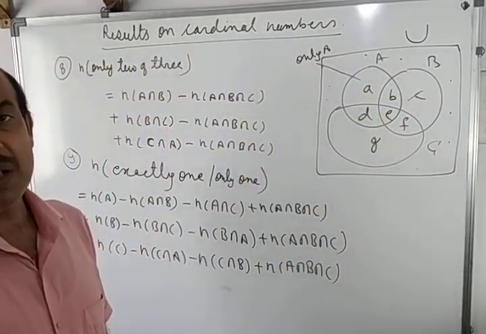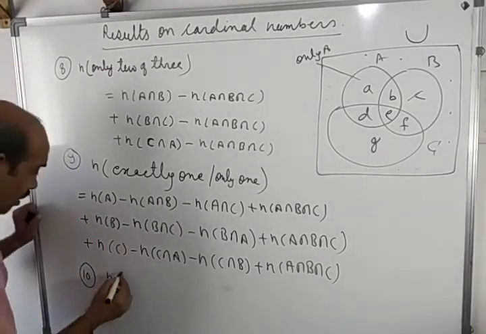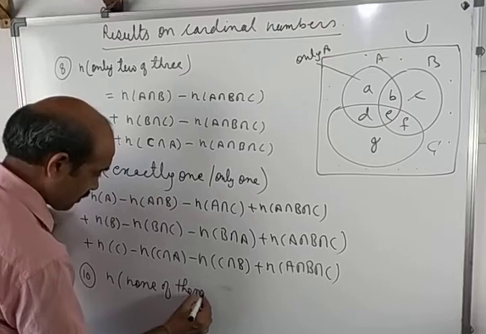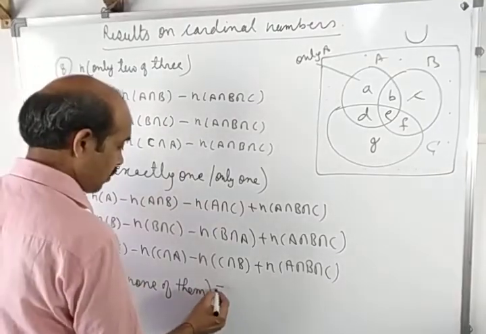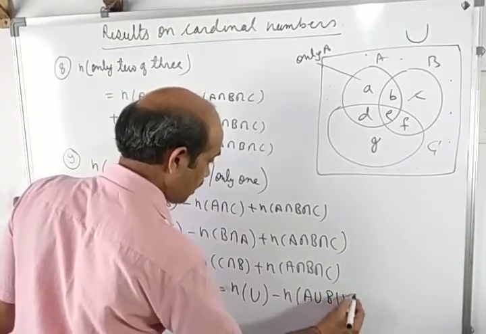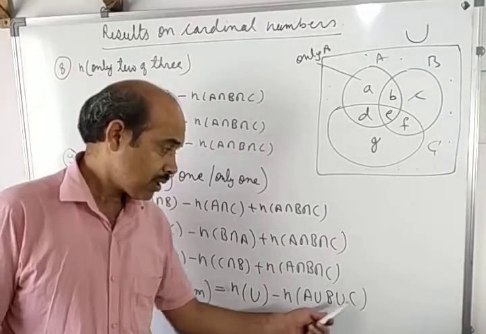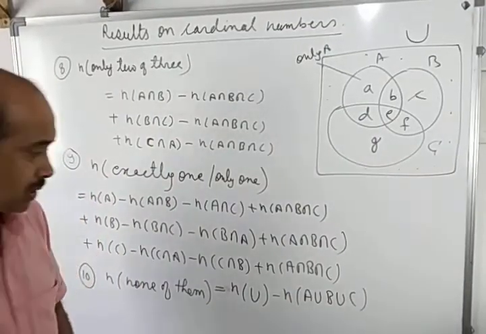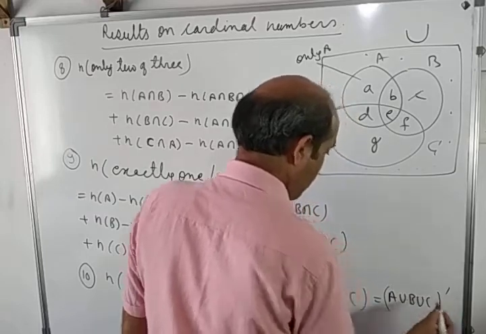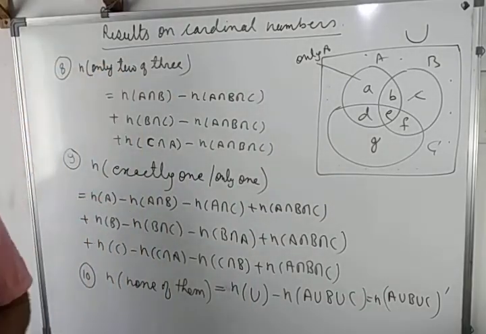This will be the complement of A union B union C. So number of none of them or none of ABC will be universal minus A union B union C, or you can say its complement. You can also write A union B union C complement, just to understand the meaning of none of them.